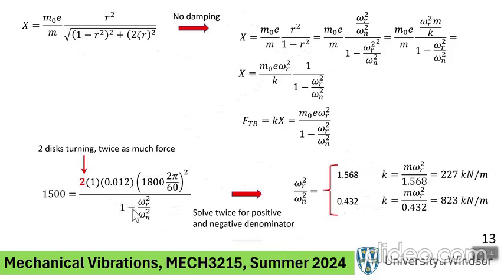One for the case of positive, the other one for the case of negative. And if it is negative, you have to replace this denominator with a negative of what it is. -1 plus omega r over omega n squared. And you get two values of k. And that is pretty much what this problem is doing. Okay.